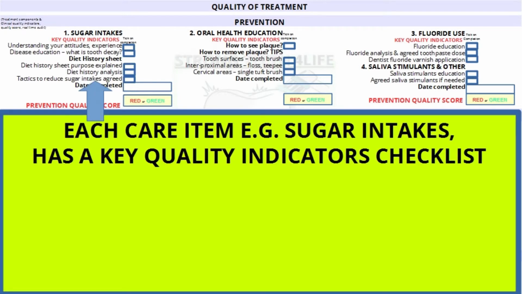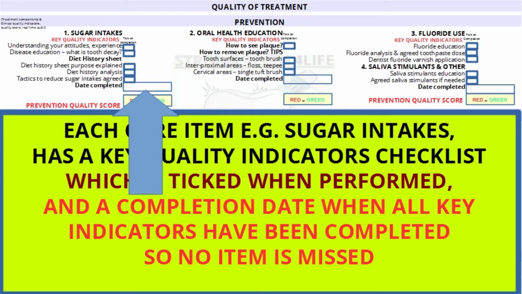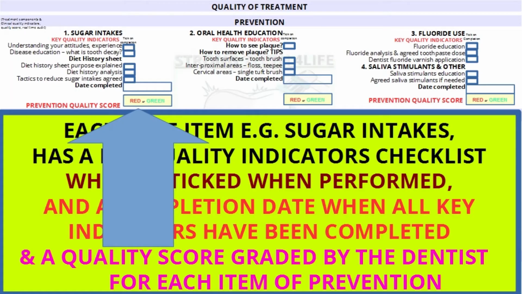Each care item, for example sugar intake, has a key quality indicators checklist, which is ticked when performed, and a completion date when all key indicators have been completed, so no item is missed, and a quality score graded by the dentist for each item of prevention.